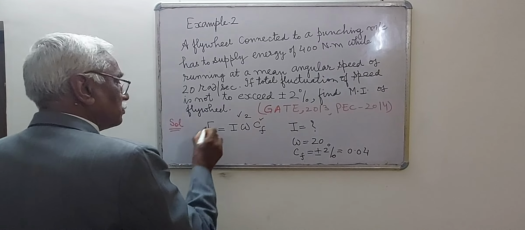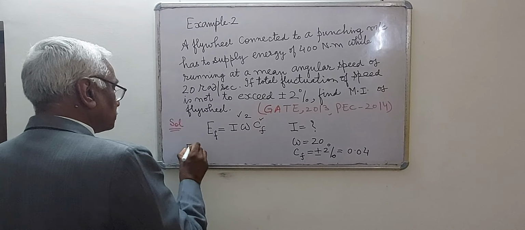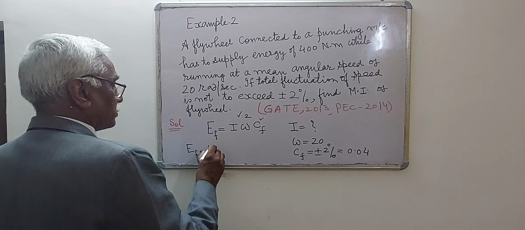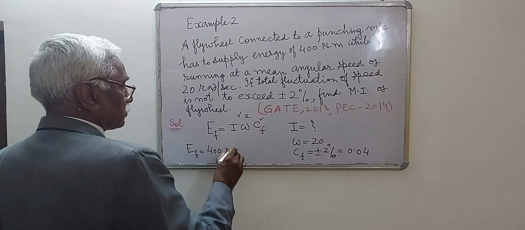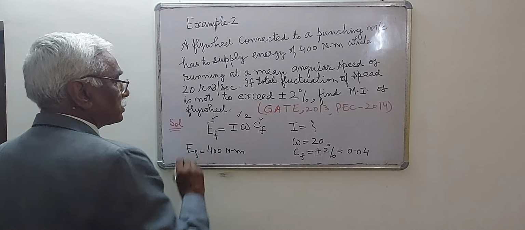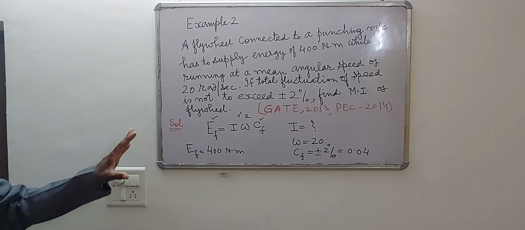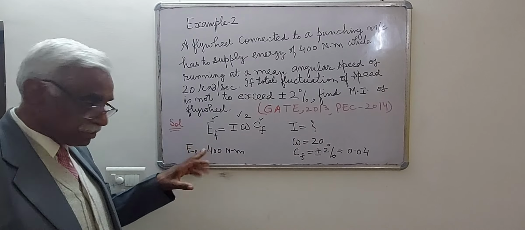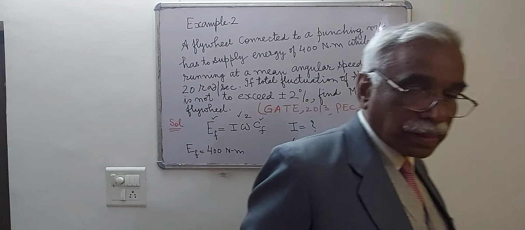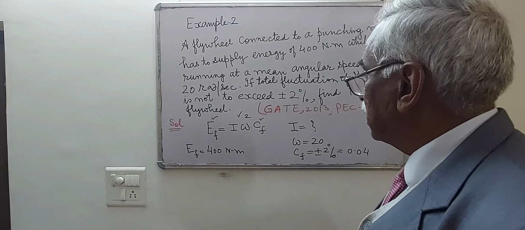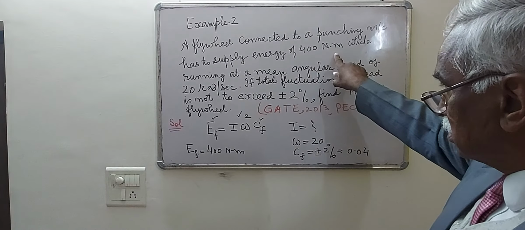What is EF? It is the maximum fluctuation of energy, given as 400 Newton meter. So by calculation, we can find the value of I. EF is equal to 400 Newton meters, as given in the question itself.